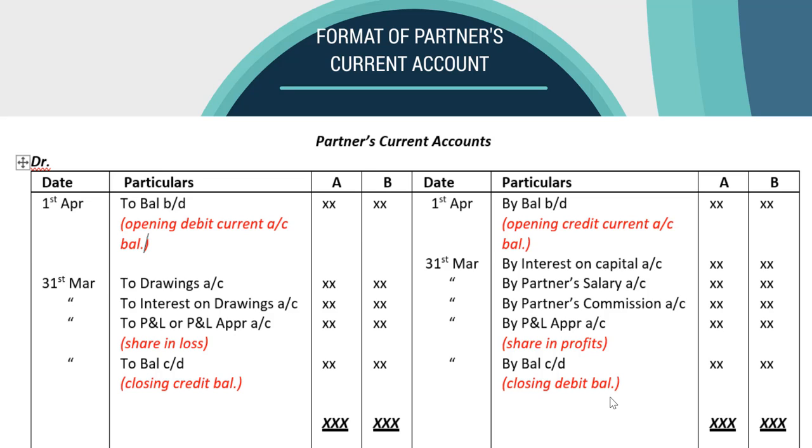The debit side will be greater than the credit side if the partner draws more than his or her share of profit. So the account will end with by balance carried down, which is a closing debit balance. So therefore this partner's current account in the fixed capital method can have a debit balance or a credit balance.